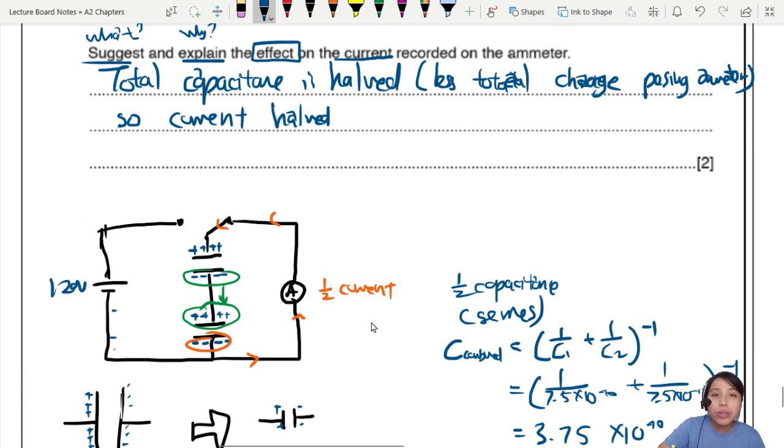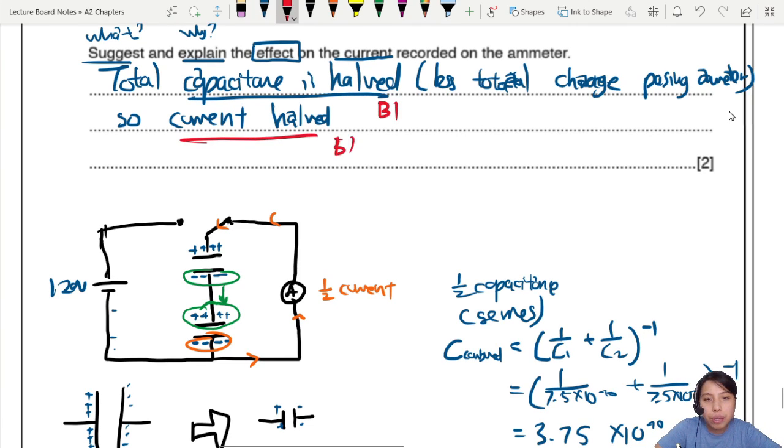Okay, so this one is 2 marks. Capacitance half, current half. So capacitance half will be your first mark. Here, B1, half, B1. If you feel like you're not convinced, you can try playing around with some equations. Capacitance is calculated by C equals Q over V. So if your capacitance is half already, then your amount of charge passing will be half.